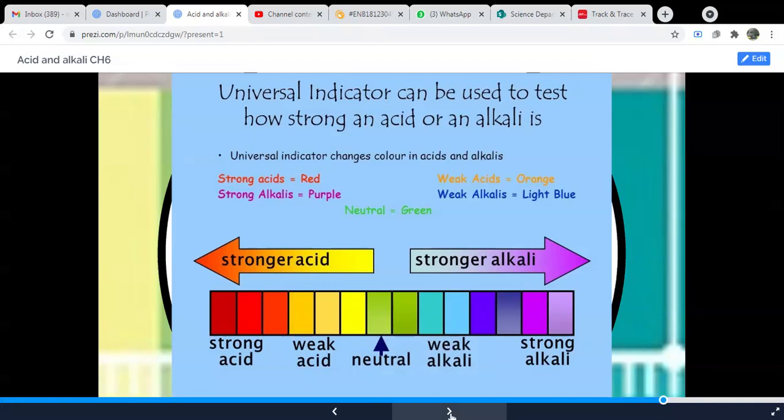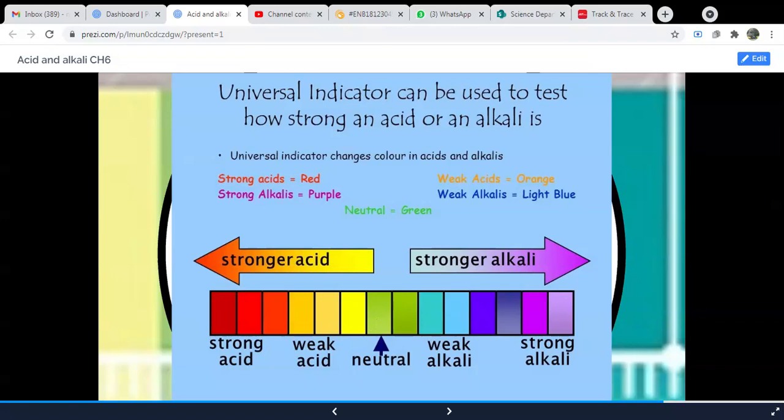So what you need to know from this chart is that the main objective of universal indicator is to identify how strong or how weak an acid or alkali is.